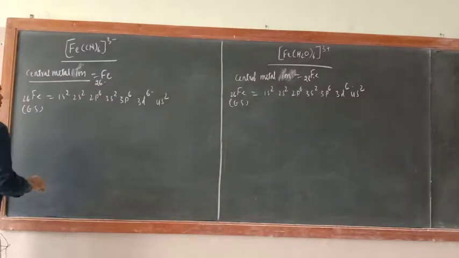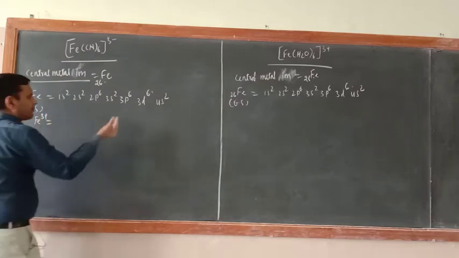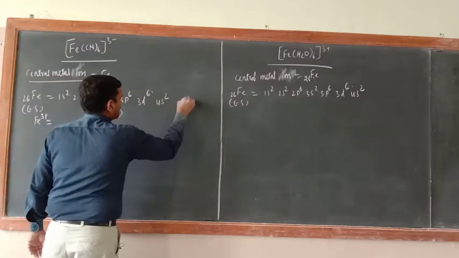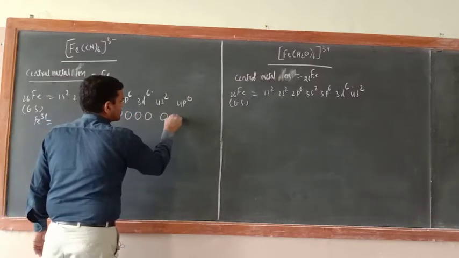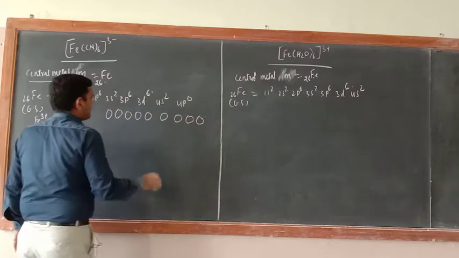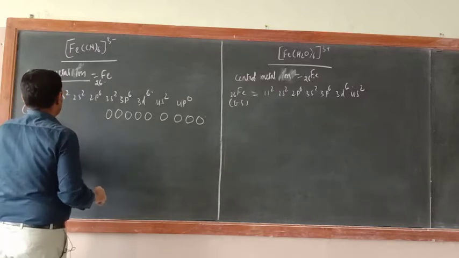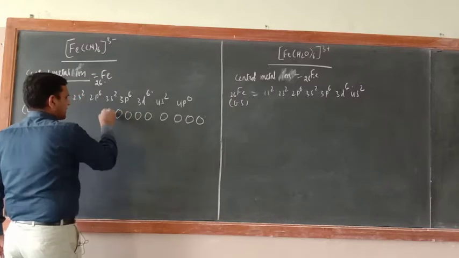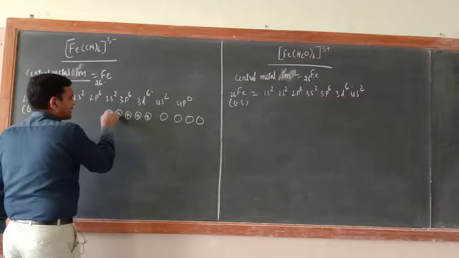Now just see, what is the oxidation state of iron here? 3 positive. So Fe3+. It is better to make boxes. For 3d6, first write 1 2 3 4 5 6.